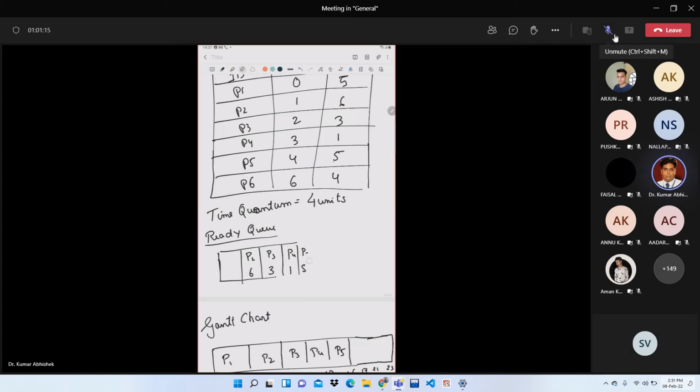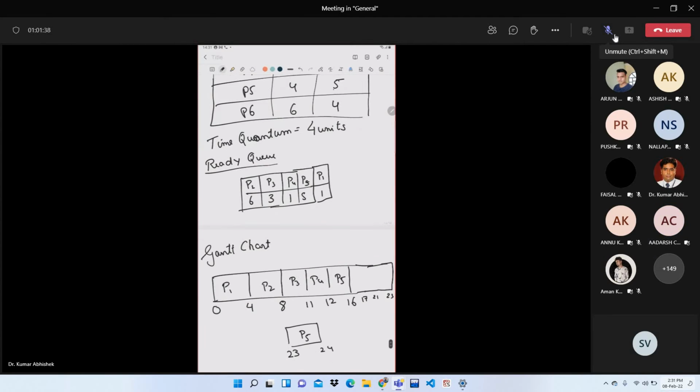It will be moved after P5. P1 will be placed like this. So this is empty over here. Is it clear now? Yes, sir.